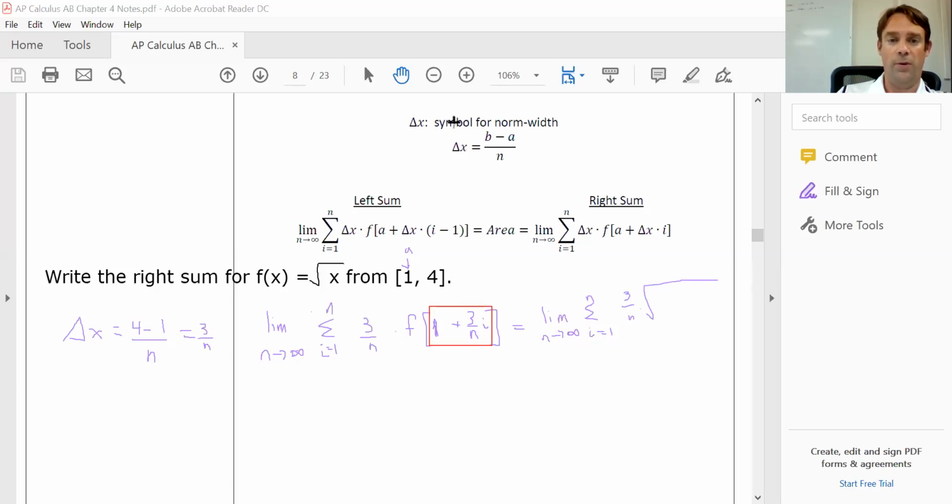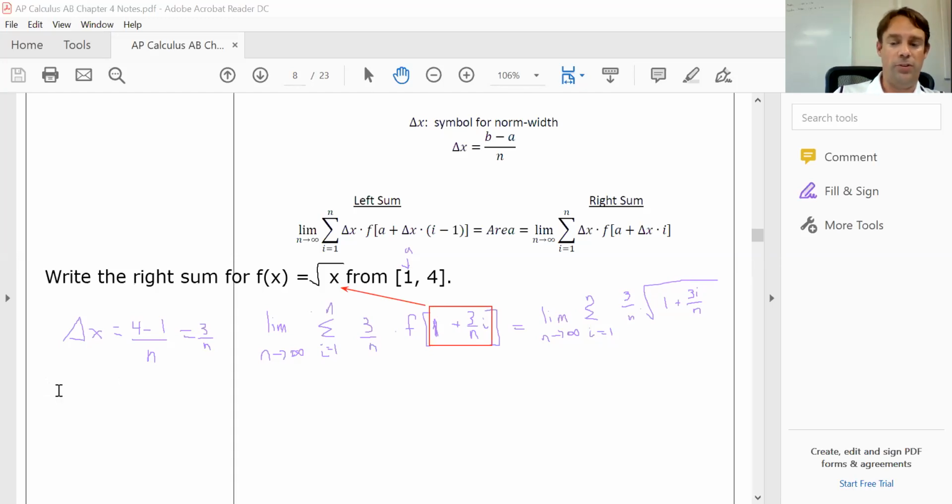So wherever I see my x, I'm going to plug that in. So f of 1 plus 3i over n. So that would be the summation form, the right sum form for this value.